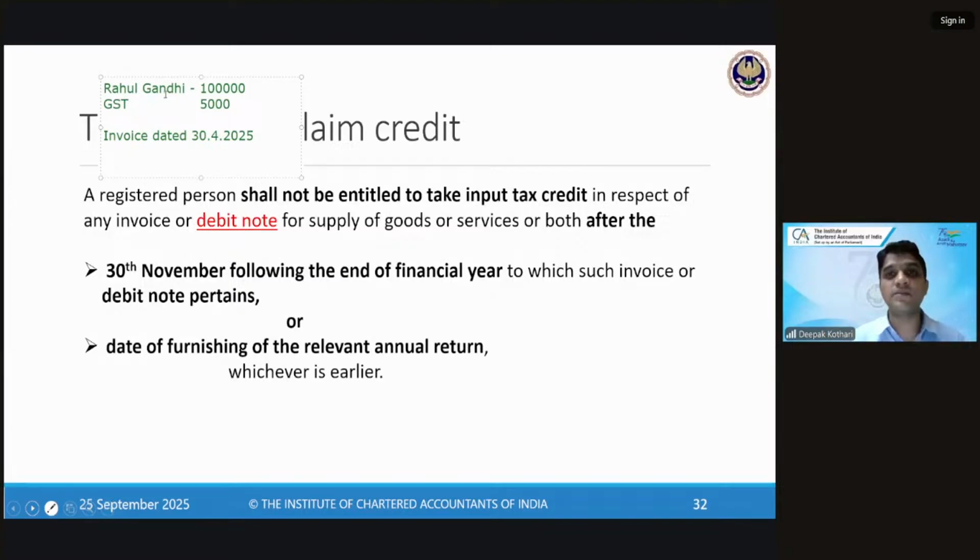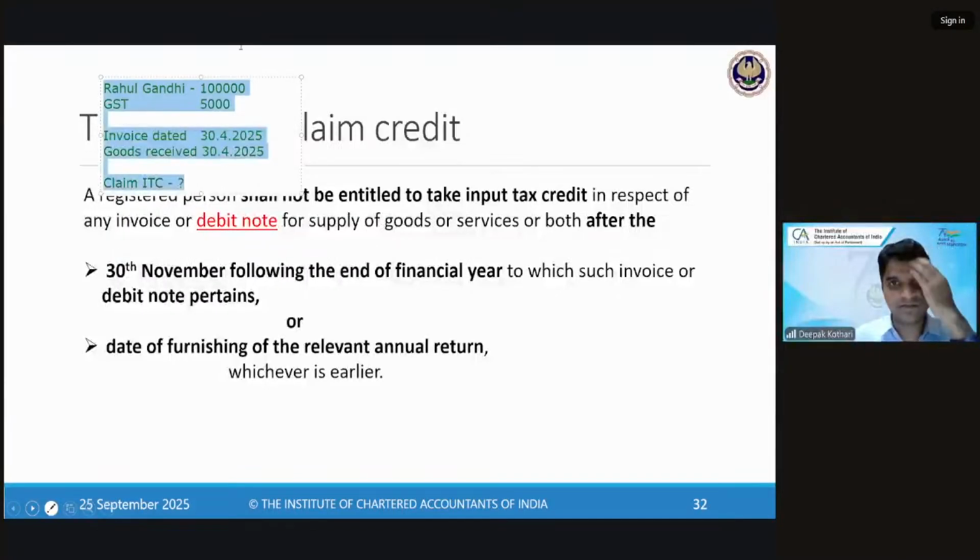You will claim it in which month? It is an April invoice. Goods are also received on 30th April itself. So in the normal scenario, you can claim ITC in which month? Month of May.